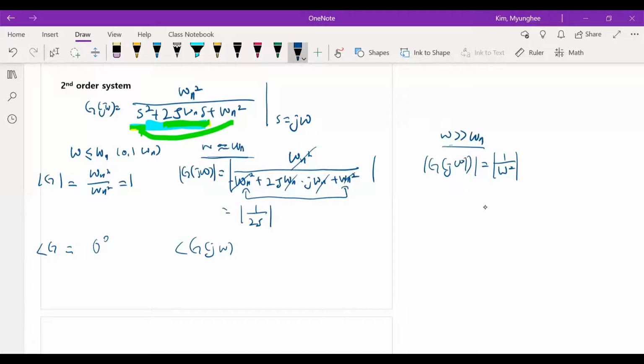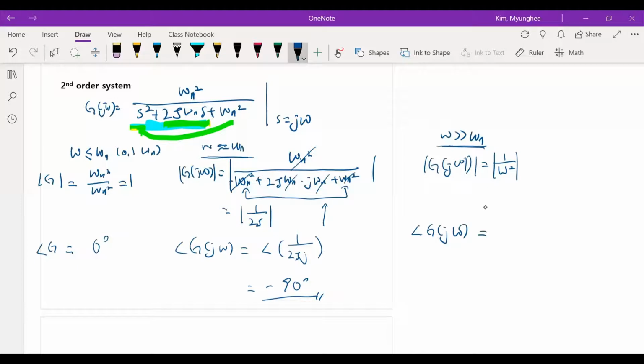So then it will be angle of 1 over 2ζj. So I'm still using this equation. So then it will be negative 90 degrees. And then when the ω is very much larger than ωn, then similar to the magnitude, other part is negligible.